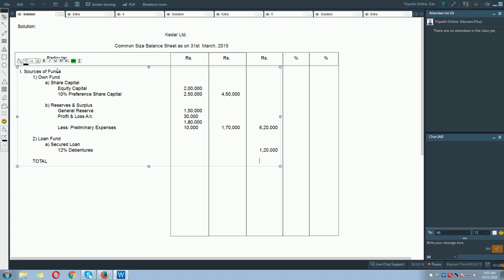Alright, then we'll go for the second one, loan fund. This A, secured loan, and this is 12% debenture.